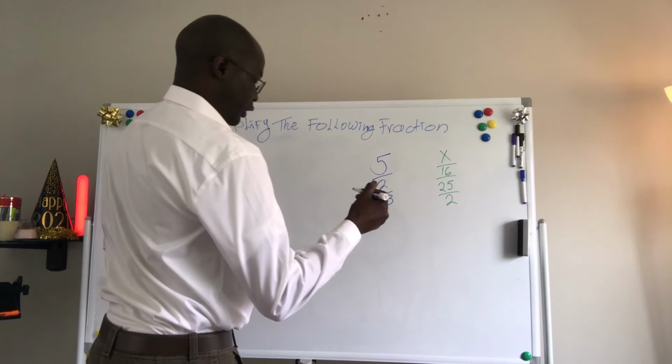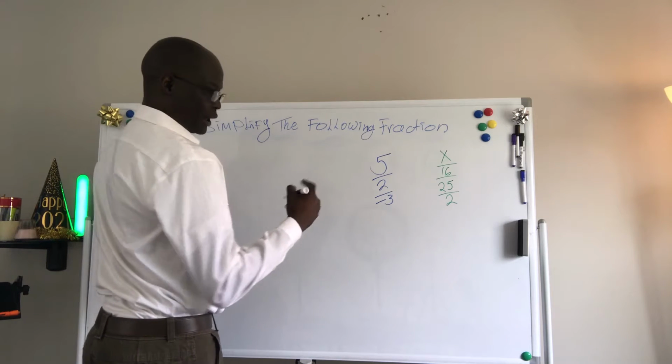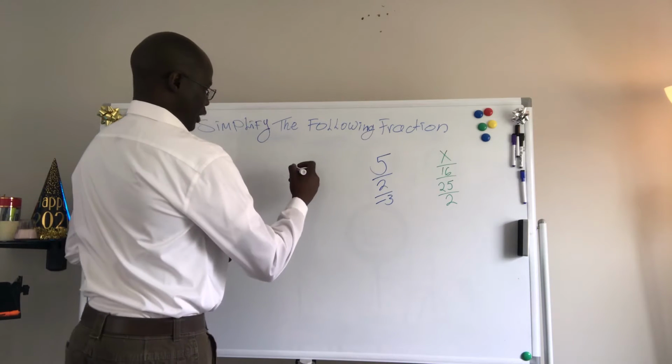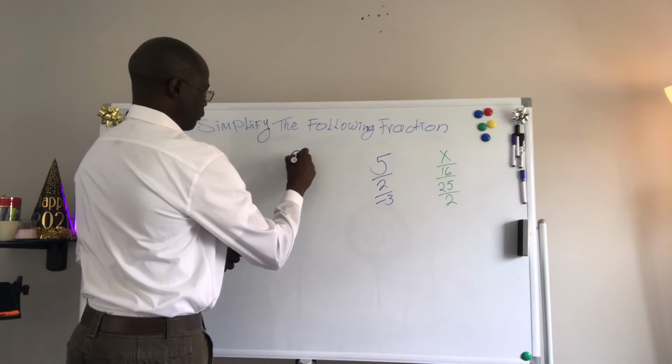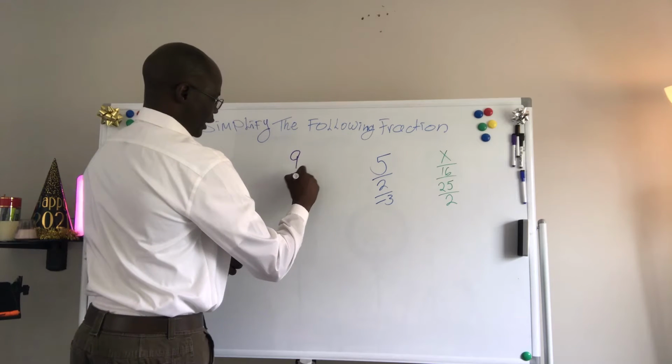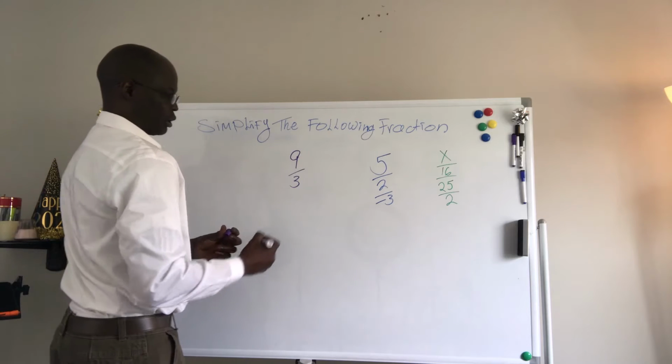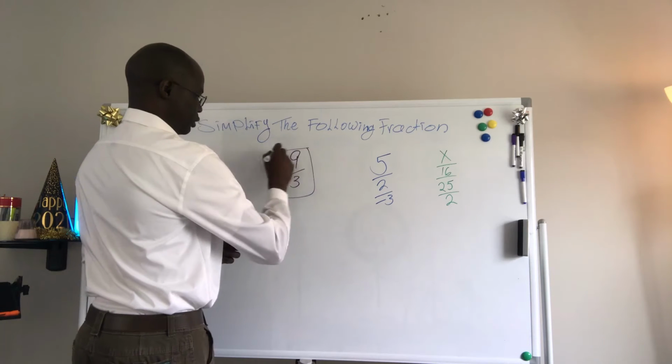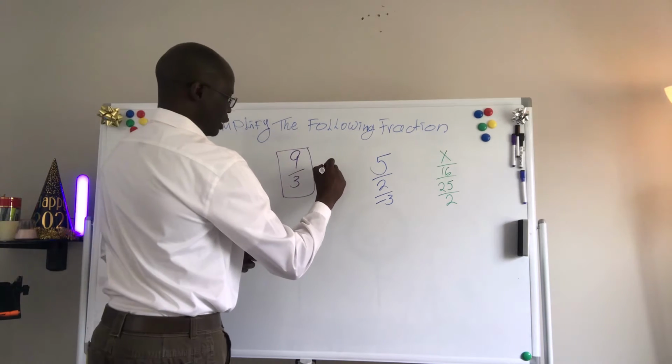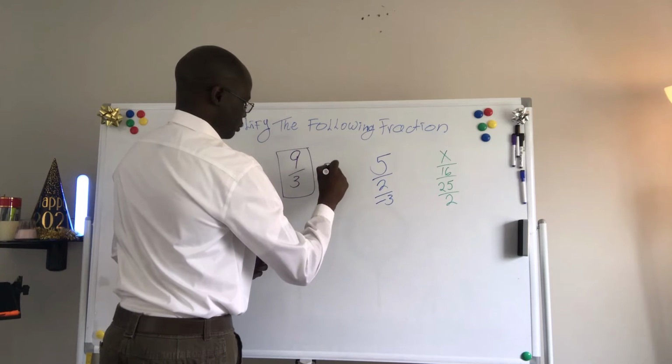In the normal division, when you divide the numbers, you get a whole number at the end. Let's say we have 9 divided by 3. This is the normal division, and the answer will equal 3.